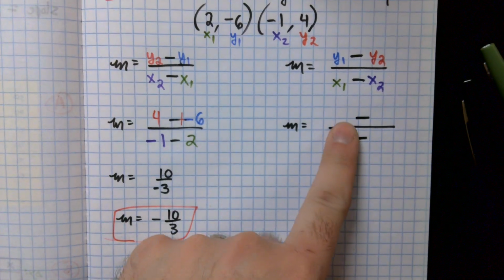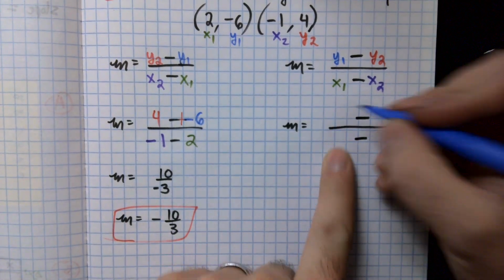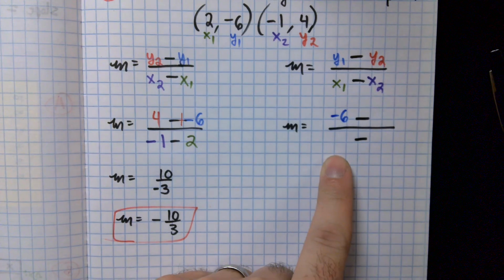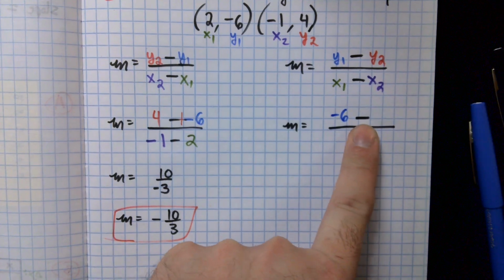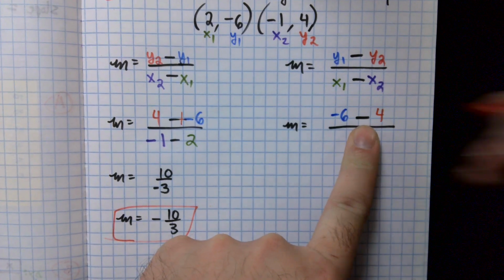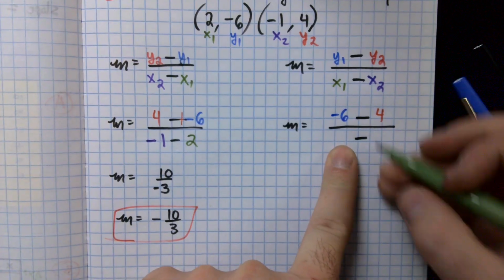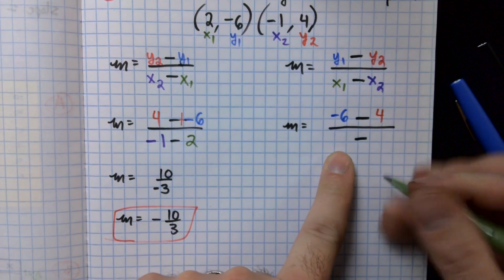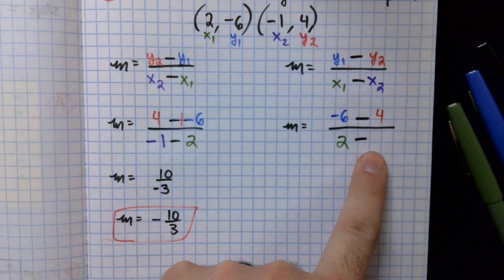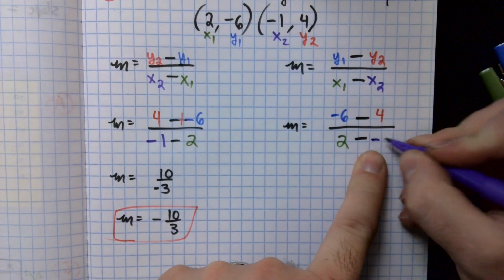Now, what am I going to plug in for y1? -6. What am I going to plug in for y2? Positive 4. Some of you see where this is going. What am I going to plug in for x1 down here? Positive 2. And what about x2? -1.